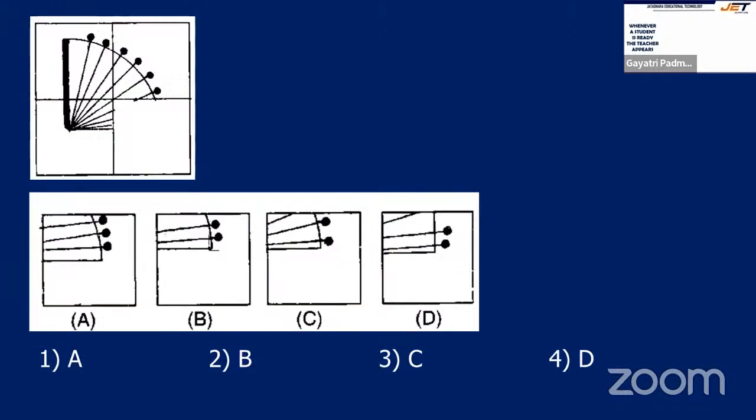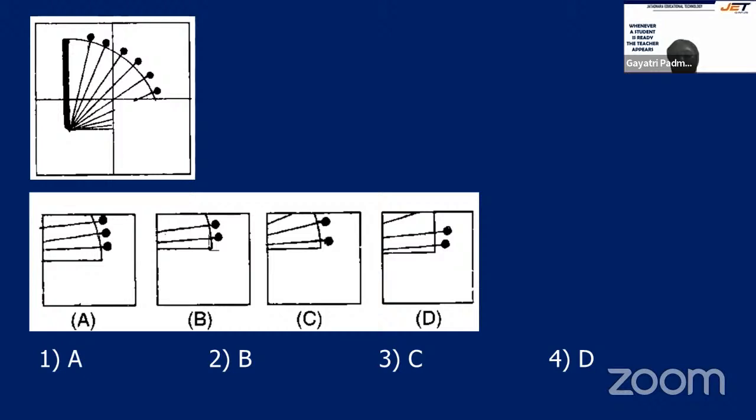All right. With this, let's move on to the next question. Now you need to tell which is the correct option. Is it option A, B, C, or D? You just have to see which one could be the perfect one.